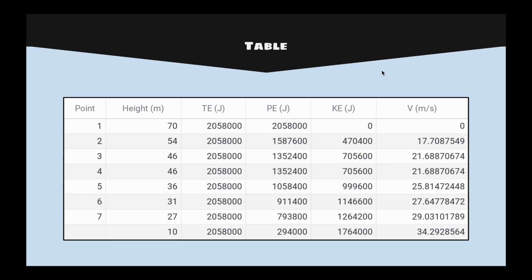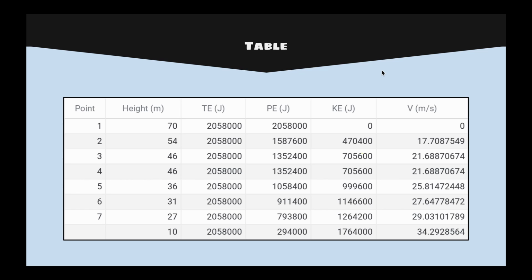And since the height of the person in the roller coaster is going to be consistently decreasing, we have the potential energy at the start, it's all potential energy, around 2 million joules. And then from there, it just steadily goes down until it reaches about 294,000 joules.